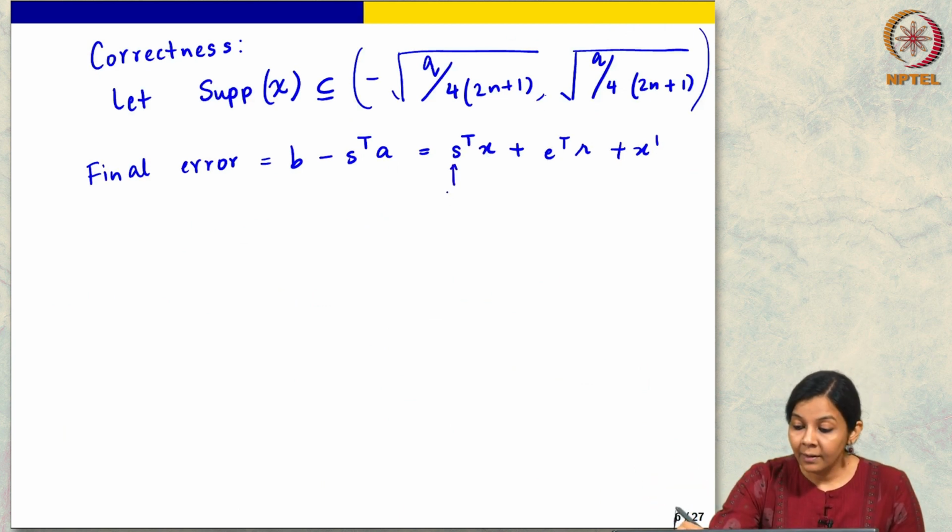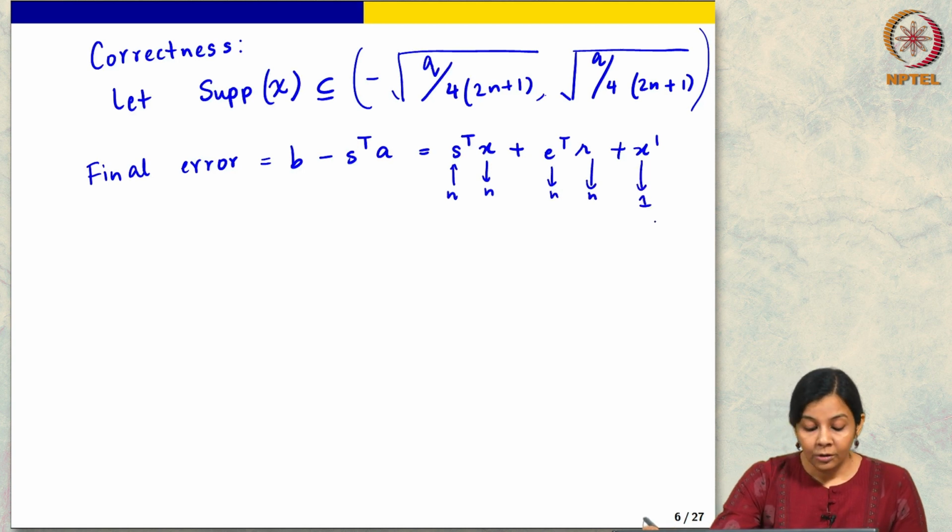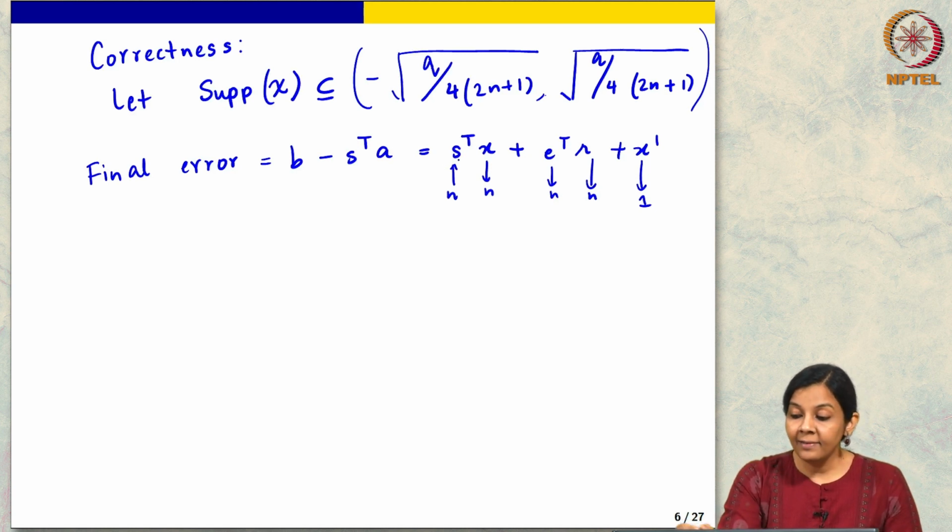And here this S is of length n, X is of length n, this is also of length n, this is of length n, and this is of length 1, okay. So, given that S, X, E, R and X prime are all sampled from chi and I have a bound on chi, I should be able to bound this whole quantity, right.